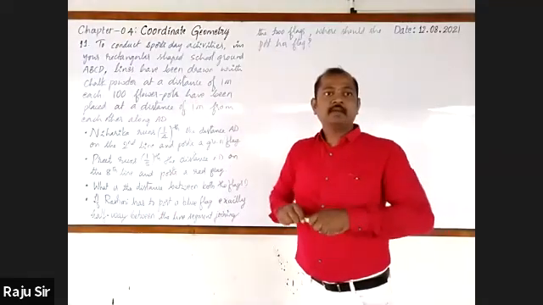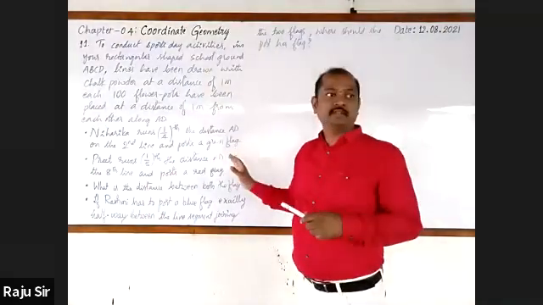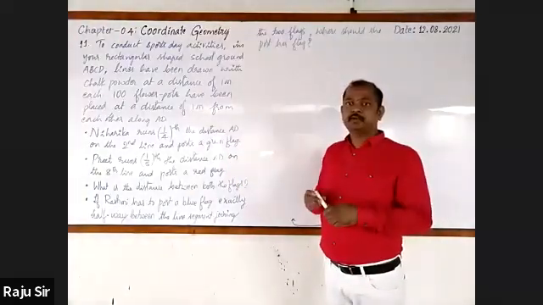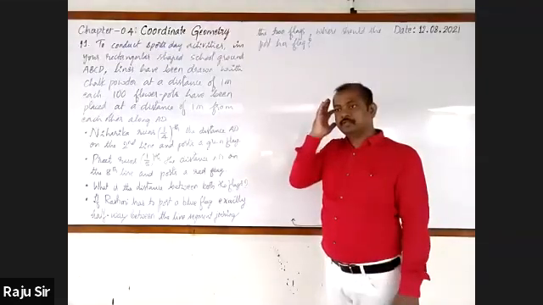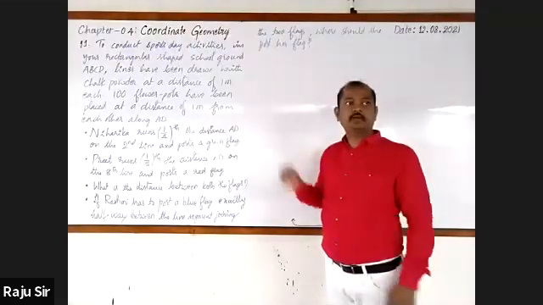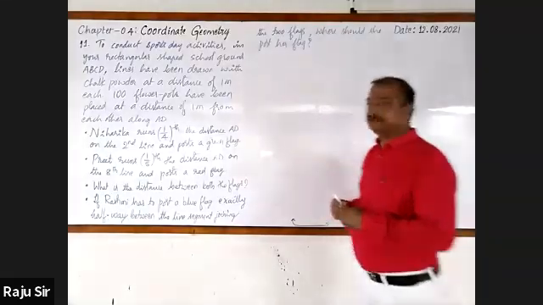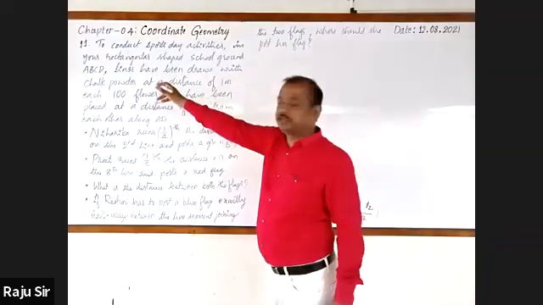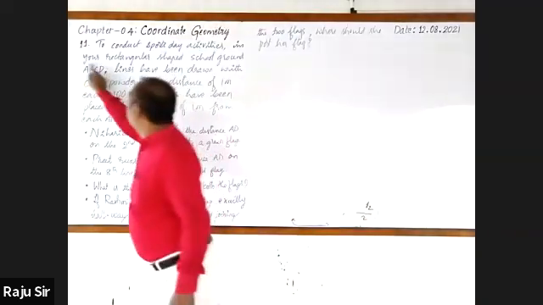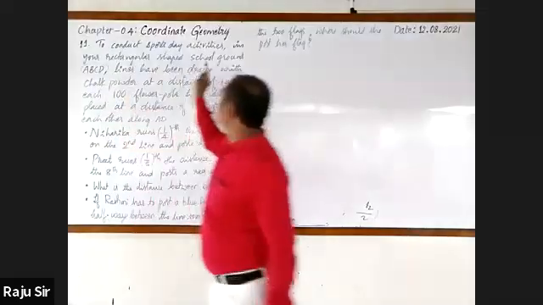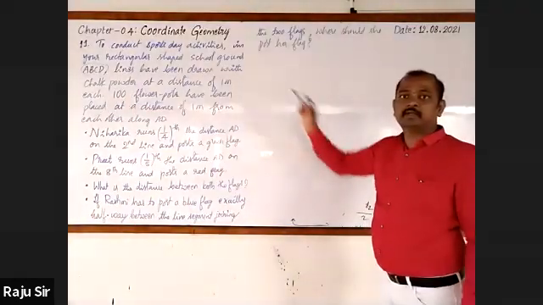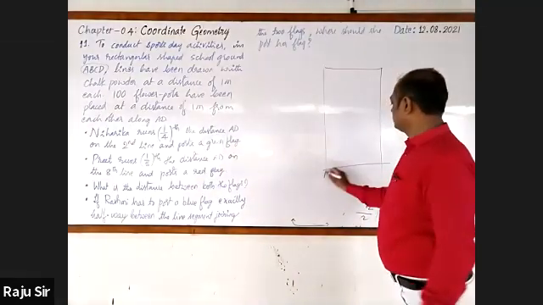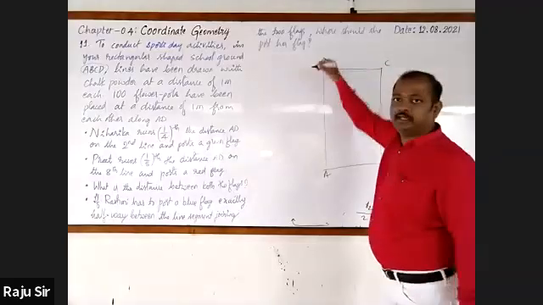Is it not simple? The sentence is, of course, lengthy, but you can understand it in the simplest way. Look here, please stop writing and look at the book. It has been given that a rectangular shaped school ground is named as ABCD.